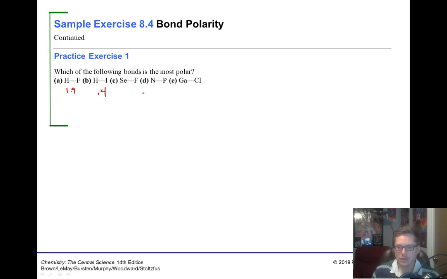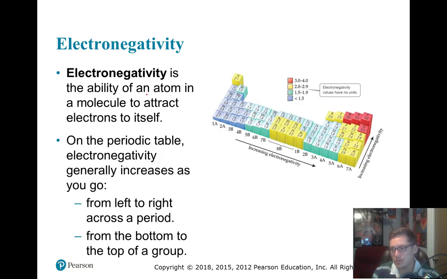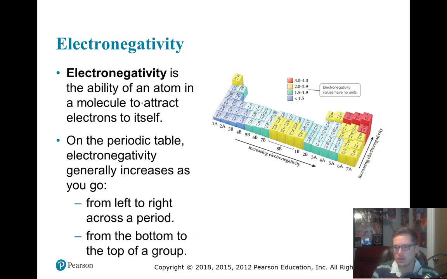Then we have selenium fluoride. Selenium is 2.4 and fluorine is 4.0, so that's a difference of 1.6. Then we have nitrogen and phosphorus.